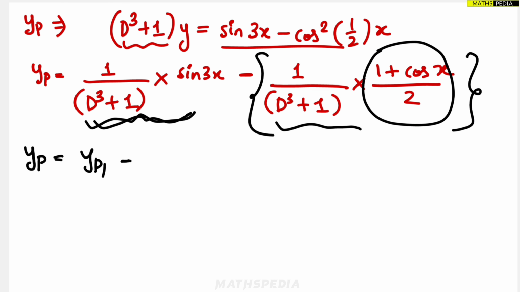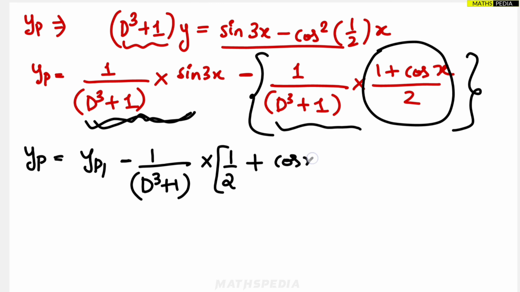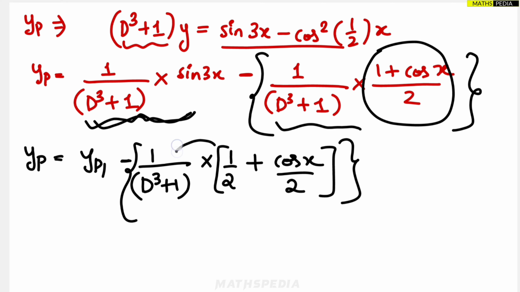So this part if you split up, it will become 1 by d cube plus 1, okay, into 1 by 2 plus cos x by 2, right? So this is the thing. Now 1 by 2 and cos x by 2 can be again split up.